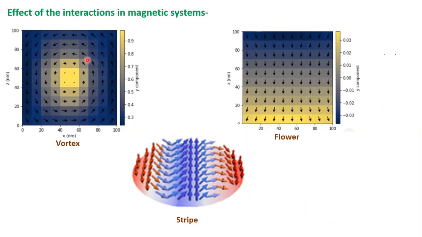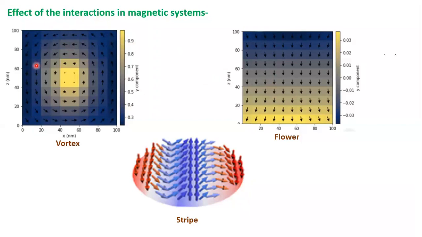Now each structure corresponds to a particular value of each magnetic interaction, and those magnetic interactions you can change in your system by introducing disorder or by applying electric field or magnetic field. That is, you have to change the magnetization in the sample, and by changing the magnetization you will get different types of textures.